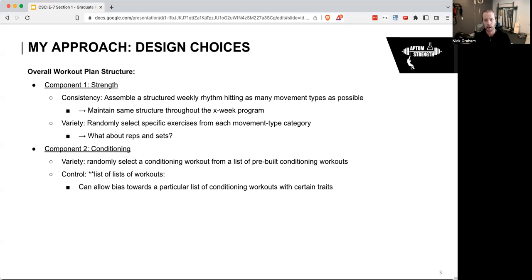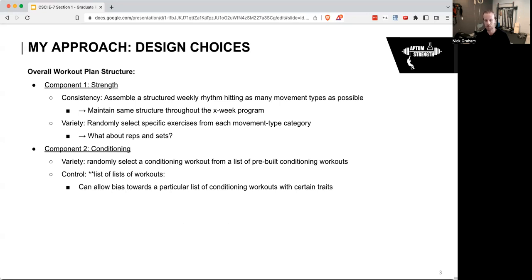And so I had to balance the concept of consistency and variety, for both of these components of the workout, but the challenges were different. So for the strength portion, what I chose to do is assemble a structured weekly rhythm for hitting as many strength movements as possible over the course of a week, and then maintain that structure across the entire duration of the program.